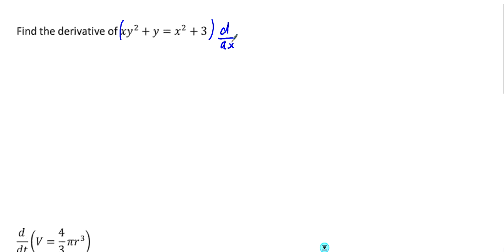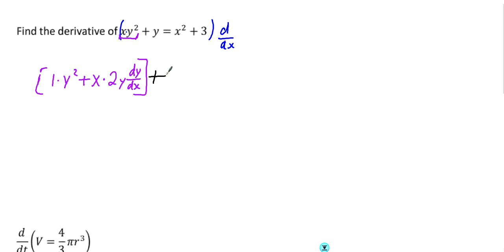Okay? So again, this first part, I've got a product rule. I've got x times y squared, so I have to do product rule. That part I'm going to do right here in purple. So this is the derivative of this purple part. The derivative of x is 1 times y squared plus x times the derivative of y squared, which is 2y dy over dx.